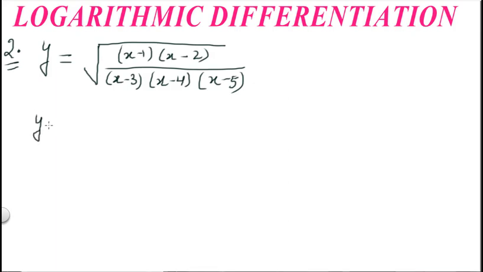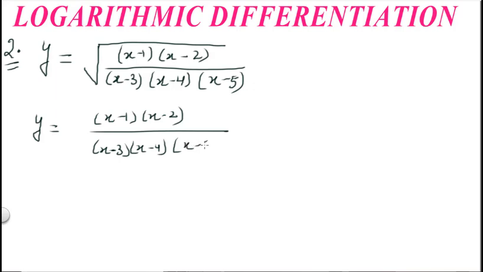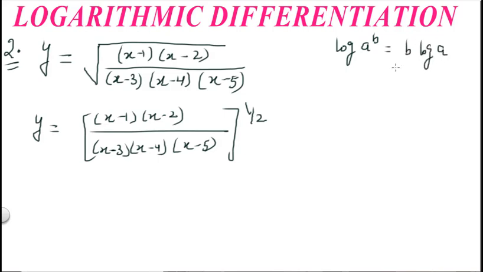So I can write it as y equals x minus 1, x minus 2 divided by x minus 3, x minus 4, x minus 5 whole power as 1 by 2. You know very well that log of a to the power b is equal to b log of a. Correct?